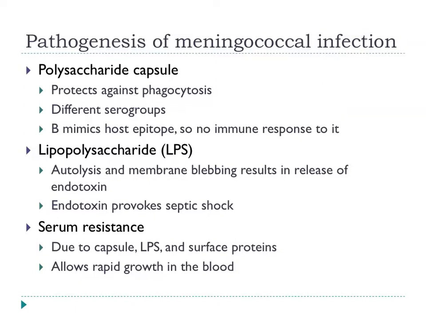The serogroup B meningococcus is a particular nuisance, a difficult, hard target, because it makes a capsule that mimics a host epitope. It has a capsule made of sialic acid, and there are sialic acid residues on the surface of many of your cells, and so we can't make an immune response to that capsule.